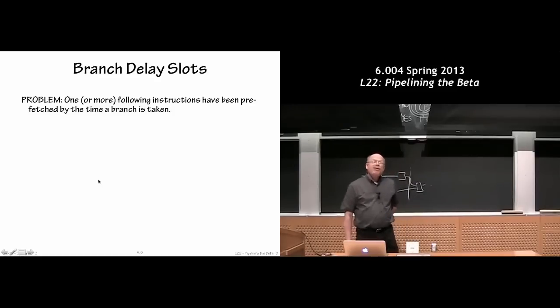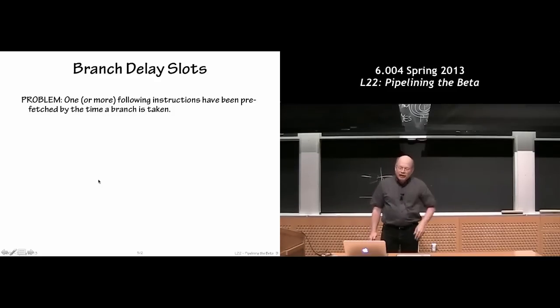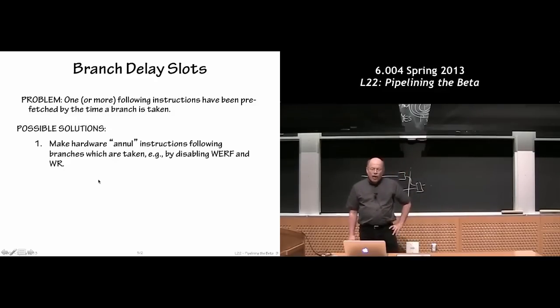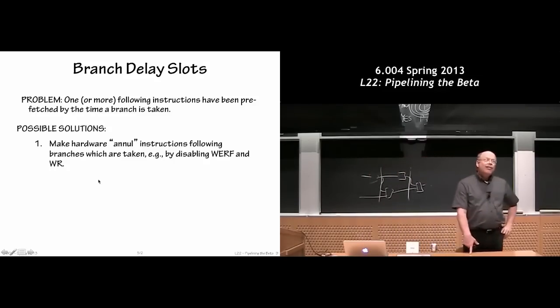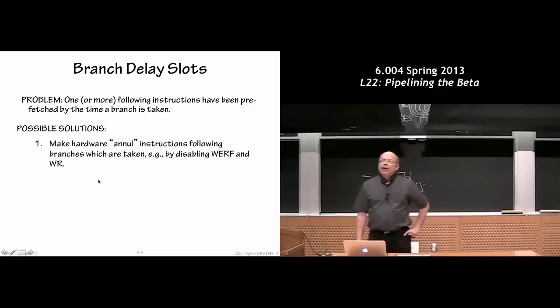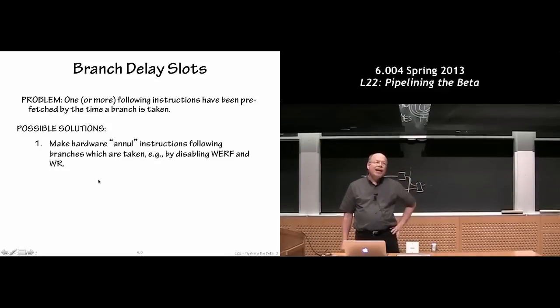Okay, so we'll make a little menu of choices and investigate the consequences of making the choices. One is we can so-called annul the instruction. That's a term you see in pipelining literature a lot, the idea of annulling an instruction. That means turning the instruction into basically an instruction that has no effect on the state of the machine. So even though it says XOR, we're going to say, never mind, we'll throw that instruction away and do nothing.